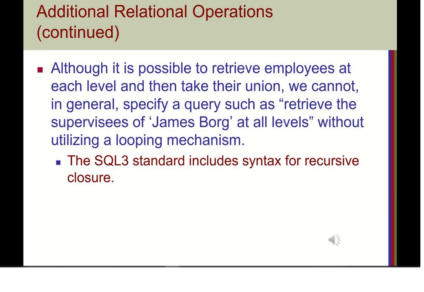Although it is possible to retrieve employees at each level and then take their union, we cannot, in general, specify a query such as retrieve the supervisees of James Borg at all levels without utilizing a looping mechanism. The SQL3 standard includes syntax for recursive closure.